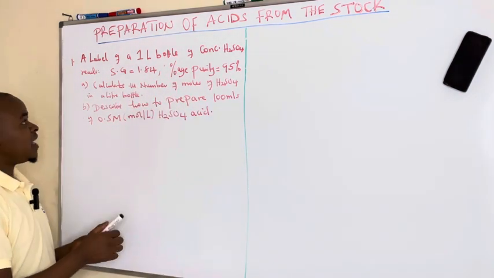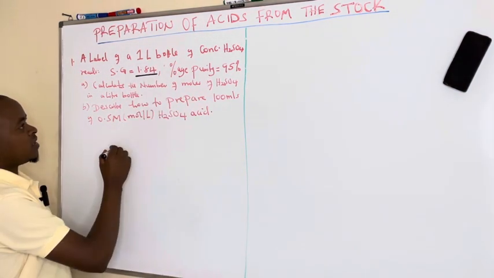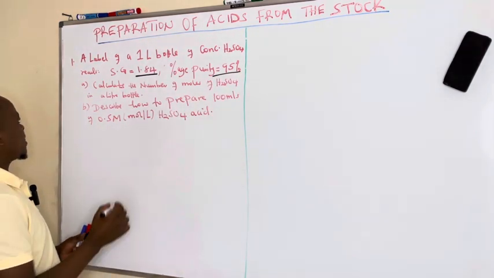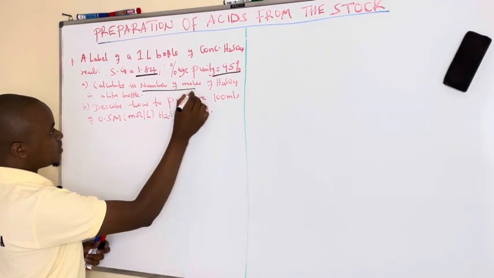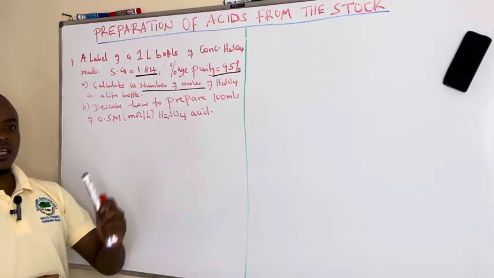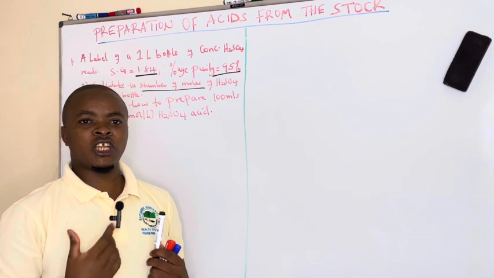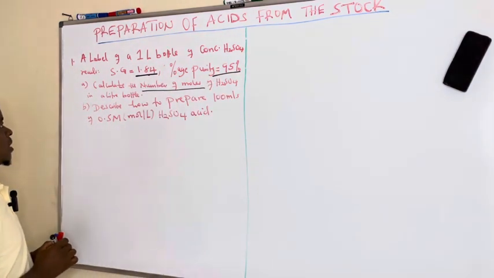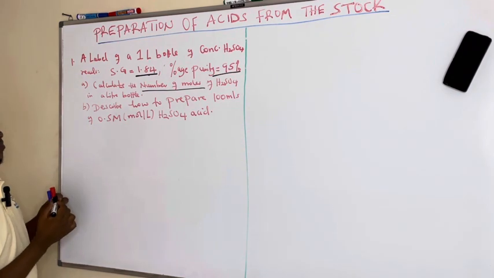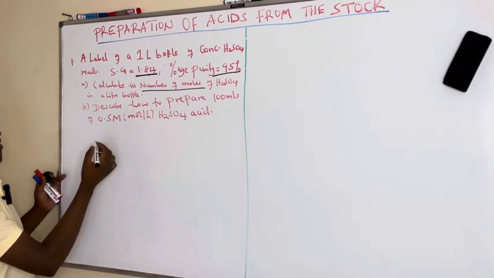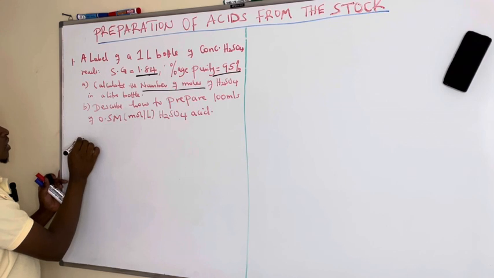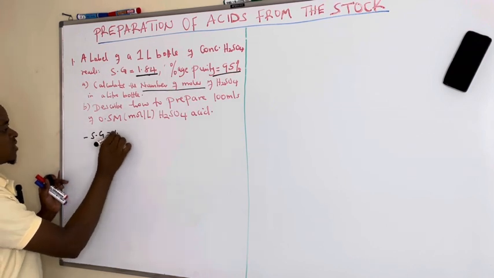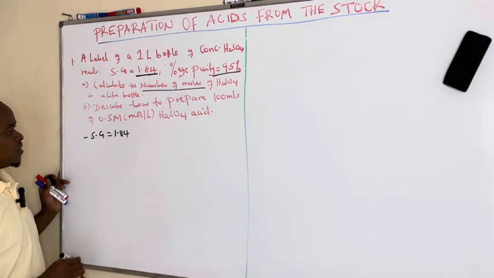When we are provided with this specific gravity and the percentage purity, and they ask us to calculate the number of moles of sulfuric acid in this bottle, we shall use the information from the label. We have the specific gravity as 1.84.